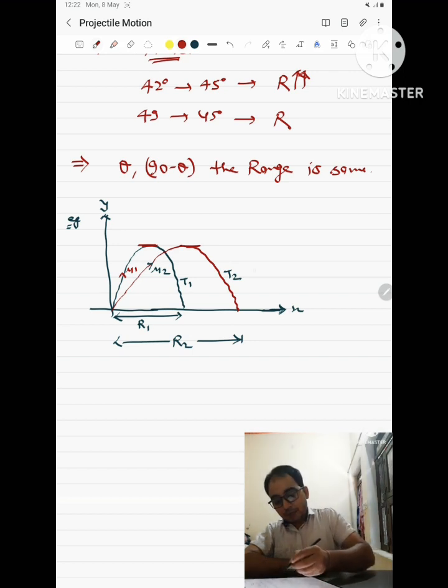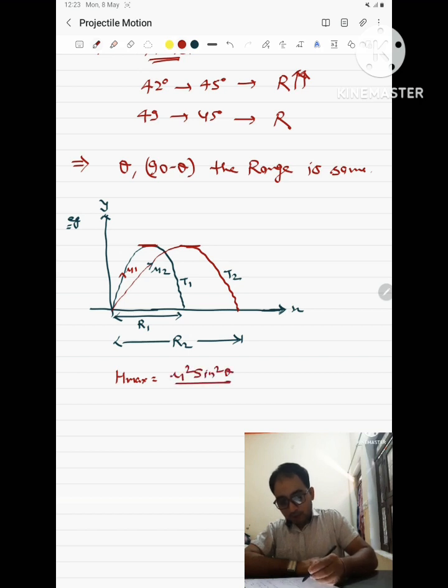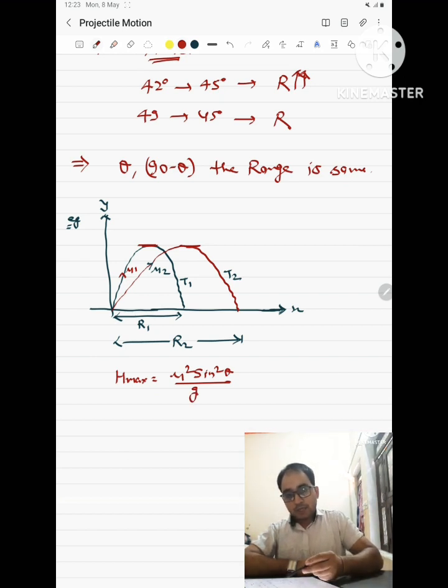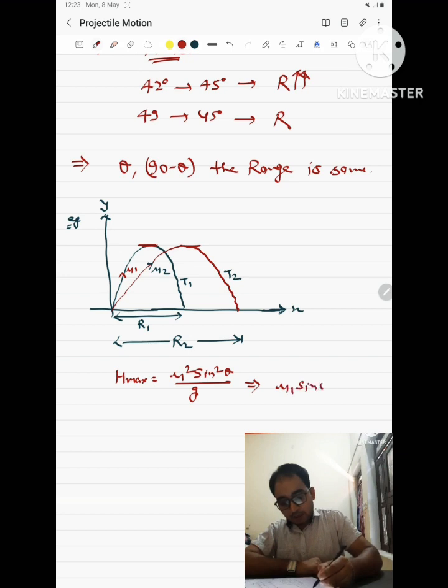So in this case we can write H max equals u square sin square theta upon g. For both projectiles H max is same. This means u1 sin theta 1 equals u2 sin theta 2, and the time of flight T is given by 2u sin theta by g.